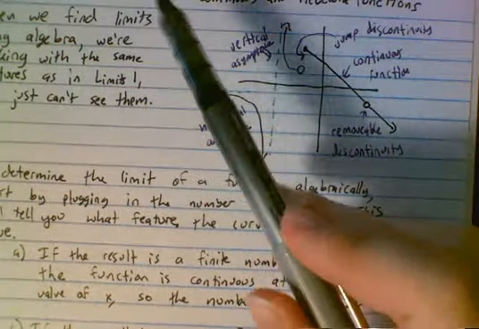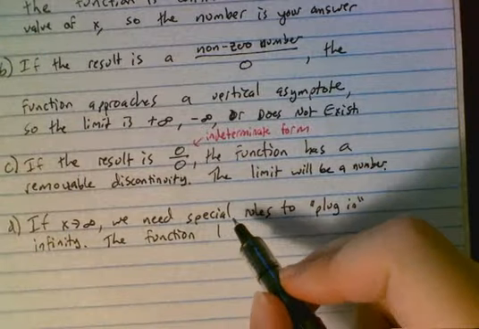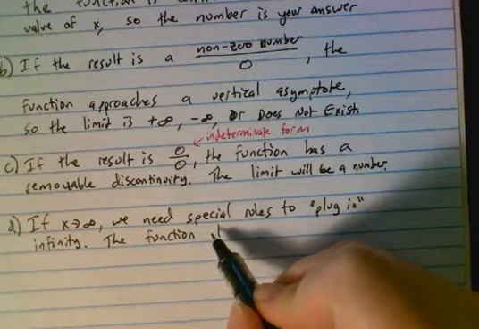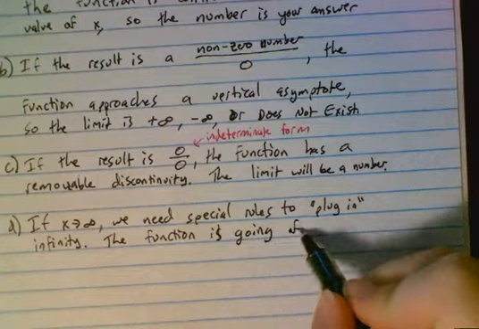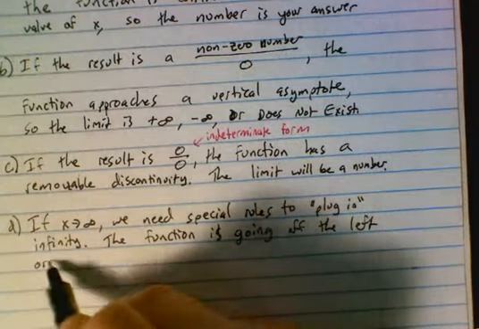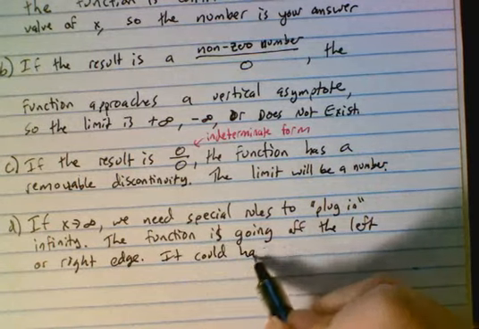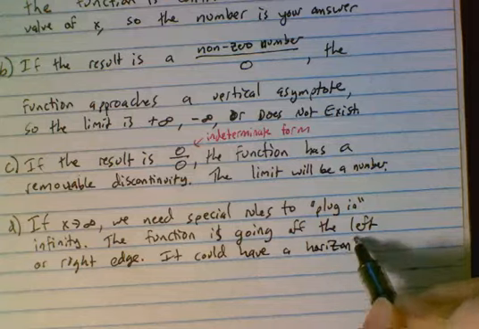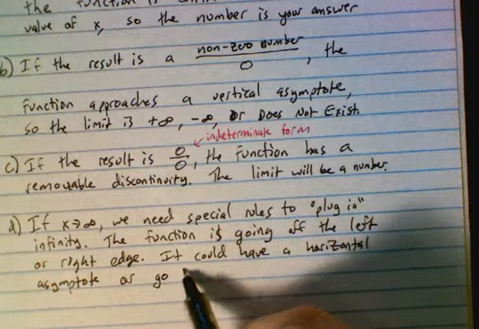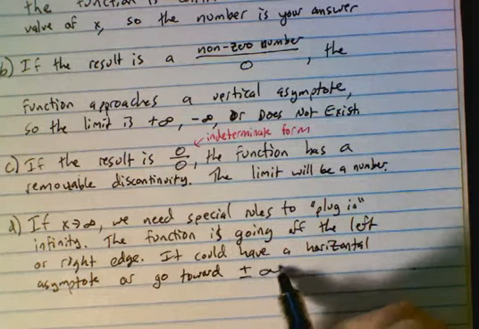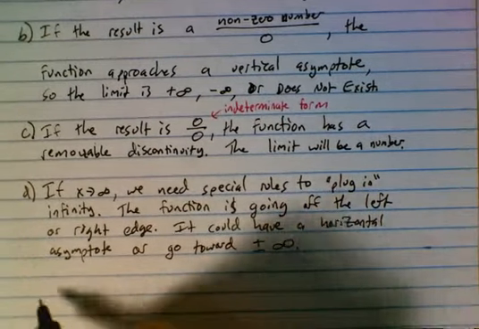And so it's either going to go up to positive infinity, down to negative infinity, or approach a horizontal asymptote. We're going to do more rules for this in another lesson.